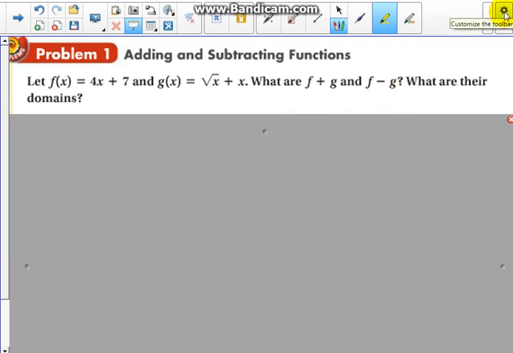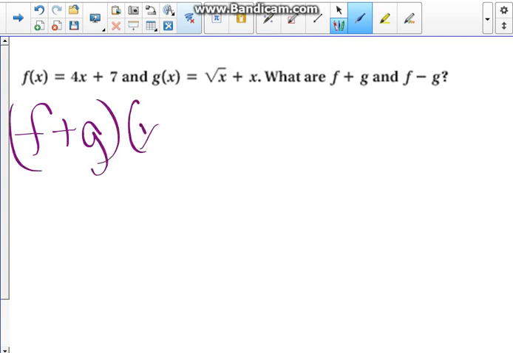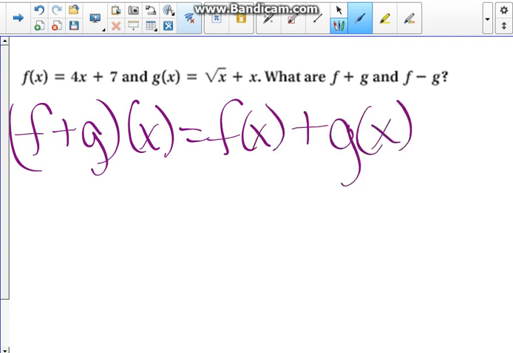So when we look at this, we're going to start with our notation, and that is f plus g of x, and that's equal to the f of x plus g of x.